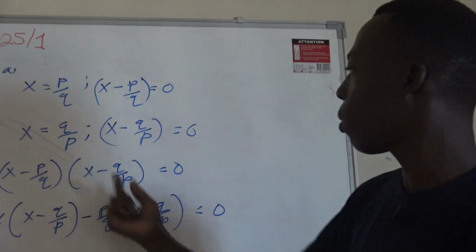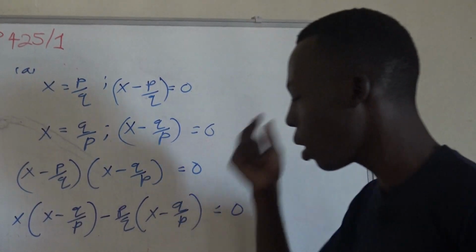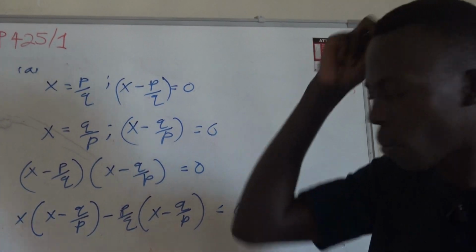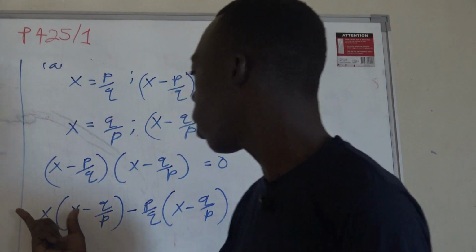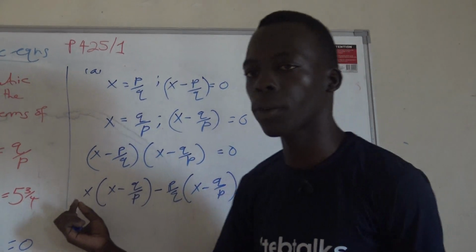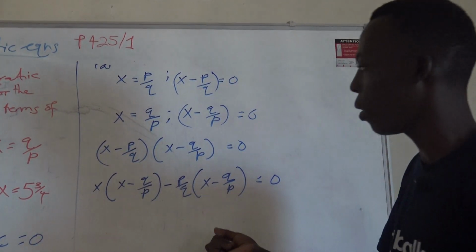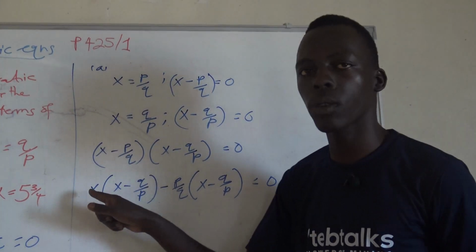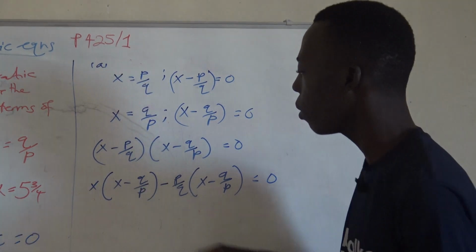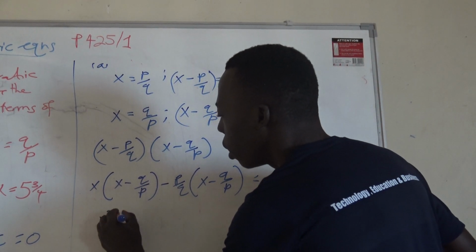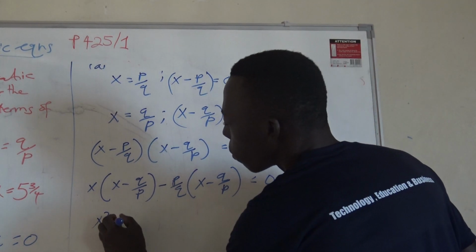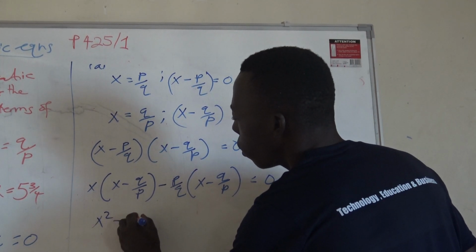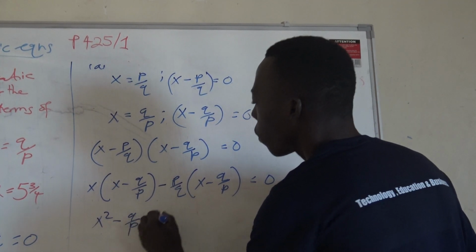This one multiplies the whole bracket, and this one multiplies the whole bracket. We open up the brackets by multiplying the value outside the bracket with those inside. So we have x times x, which is x squared, then x times minus q out of p, which is minus q out of p x.